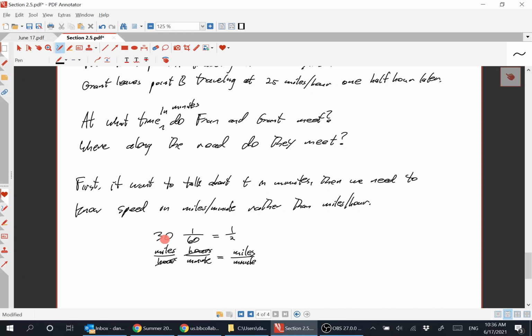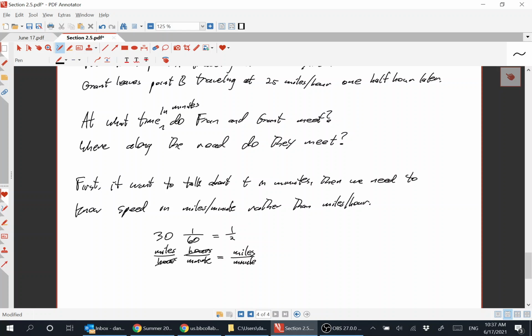See that? 30 miles per hour, and then there's 1 hour for 60 minutes. So as a fraction, hours over minutes, 1 over 60 is an accurate conversion. So 30 miles per hour times 1 over 60 hours per minute gives you miles per minute, because the common factor of hours on the tops and bottoms of these fractions cancel out to give you the units that you want.